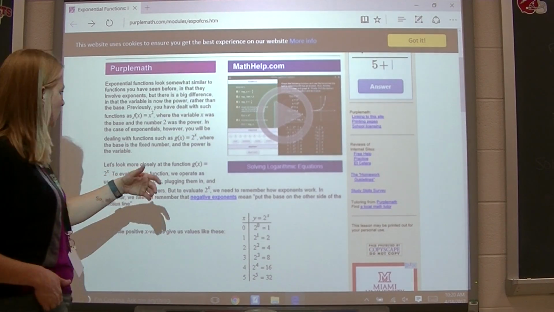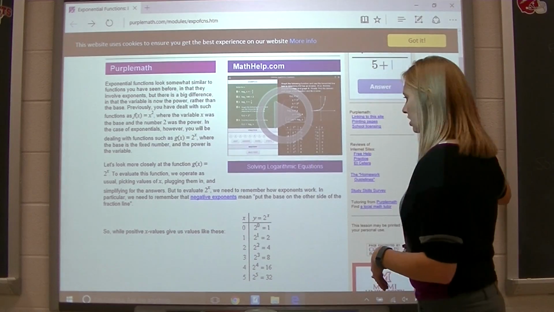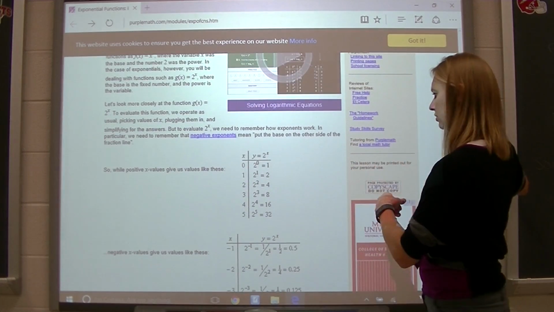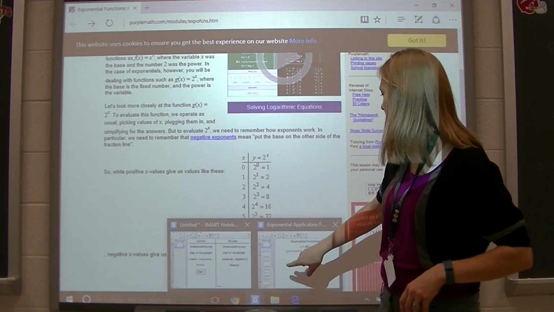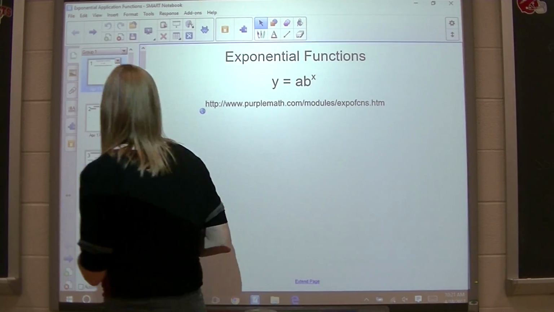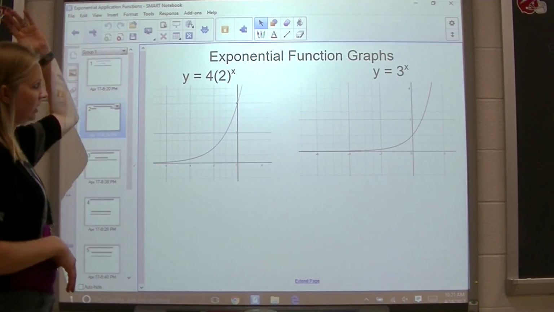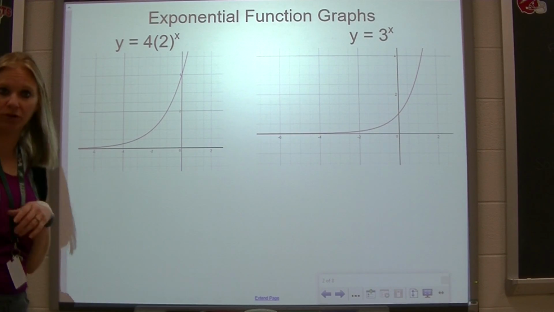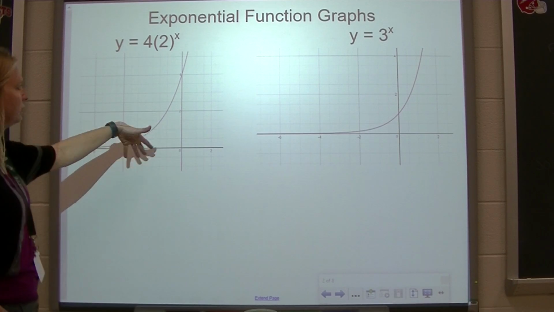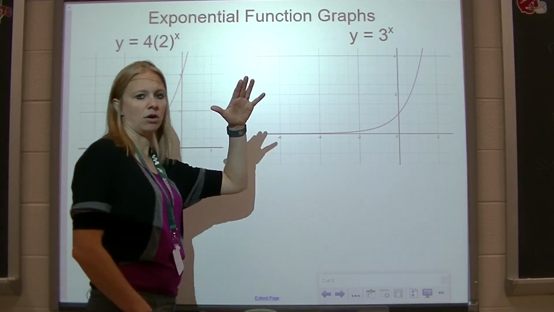So this is just saying, all right, if we want to graph it, here's what it's going to look like, but I actually have it graphed for us. These are possible graphs of exponential functions. Every exponential function will look in this form somewhat.